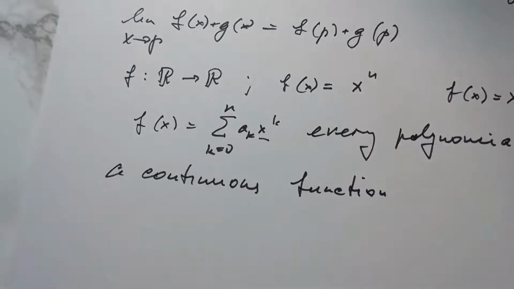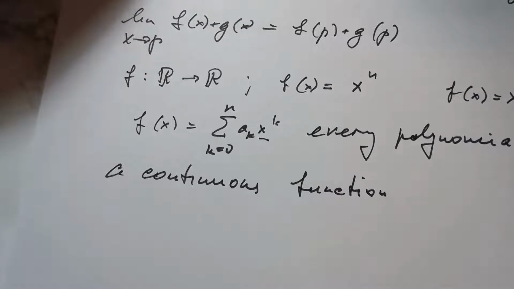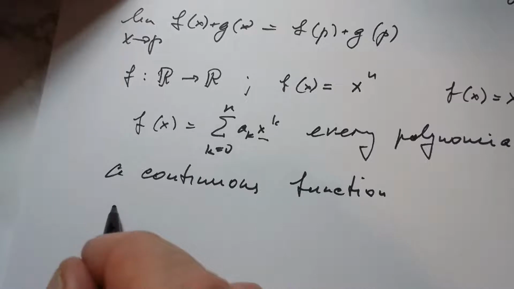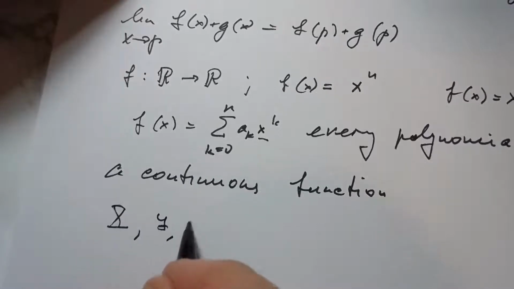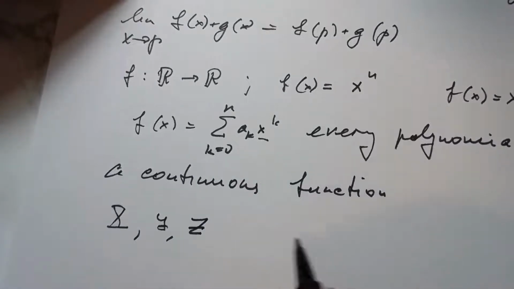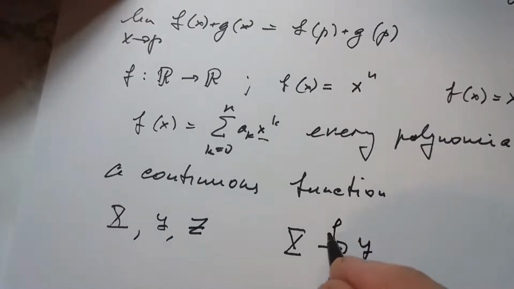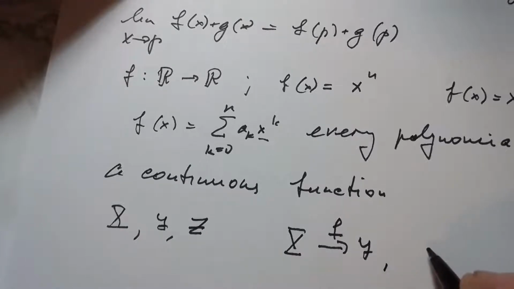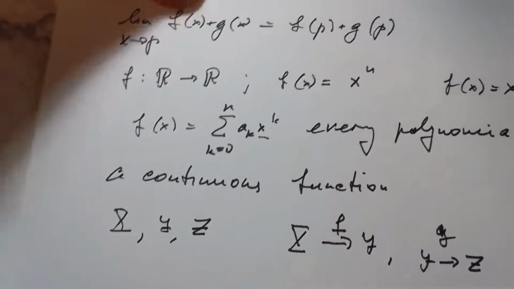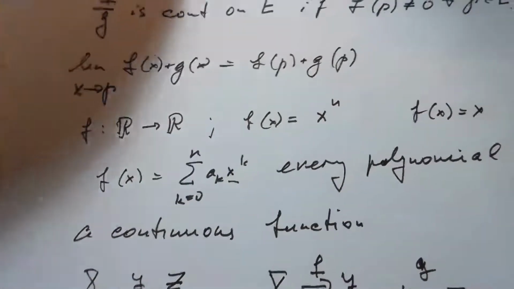Okay, but there is a little bit more to it than that. So this time what I'm going to do is I'm going to assume that x, y, and z are three metric spaces, and I have a function f that maps x into y, and I will write it down this way. It is a little bit more convenient. And then I will have a function g, which maps y into z, and I can define what is called the composition of two functions.